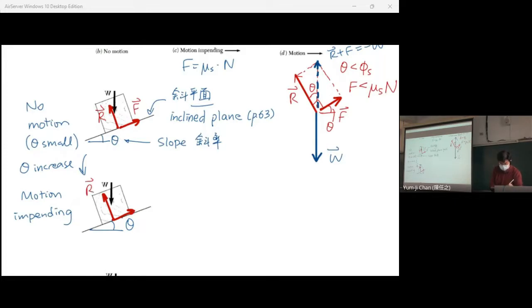Oh, sorry, I should say N here. Please correct this. This should be N, and this is also N, and this is F. So this is the case where the slope is very high, and if it is higher, then it will slide down. But it's still at rest. This is still in equilibrium.